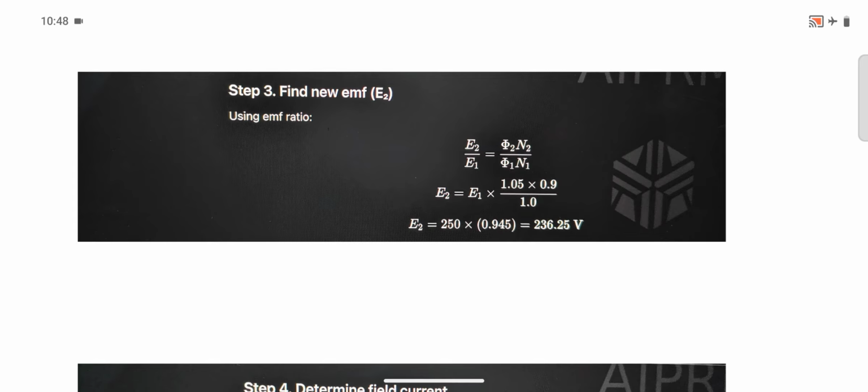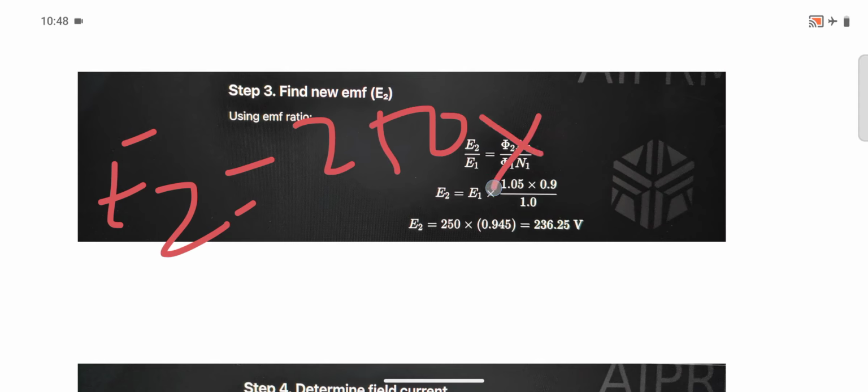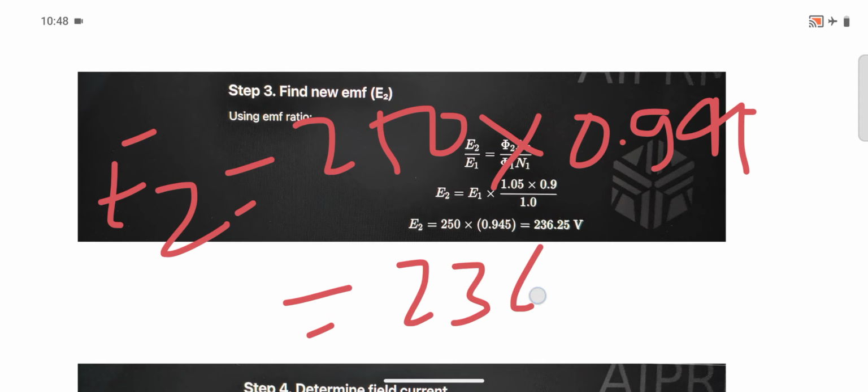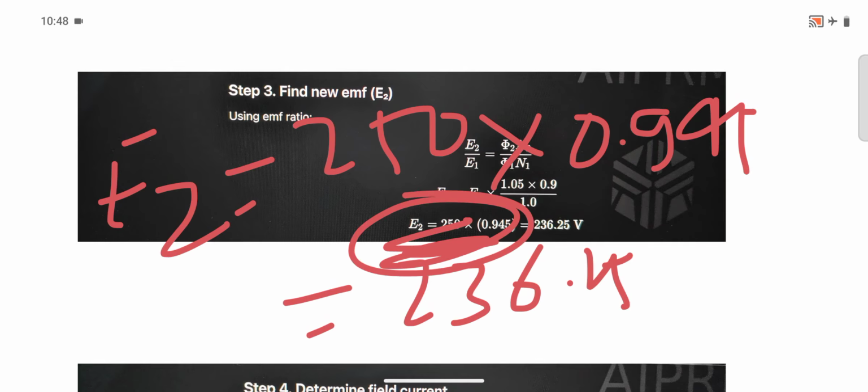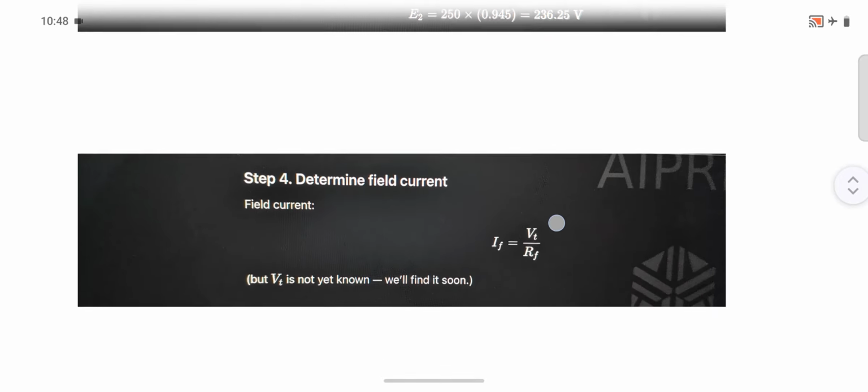When we use this formula, the value of E2 you can find is 250 into 0.945, that is 236.25 volt, given the first condition. Okay, then we have calculated EMF.